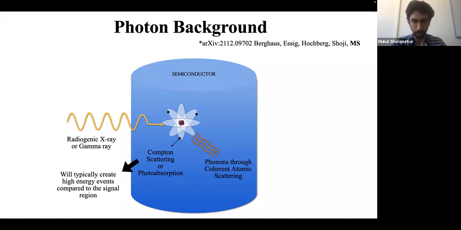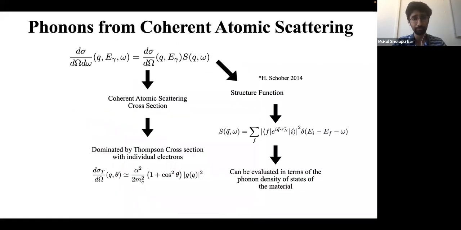And that's exactly what these experiments will be looking for as a signal. So this is a background that can mimic the dark matter signal. So in this paper, we tried to estimate this background theoretically.